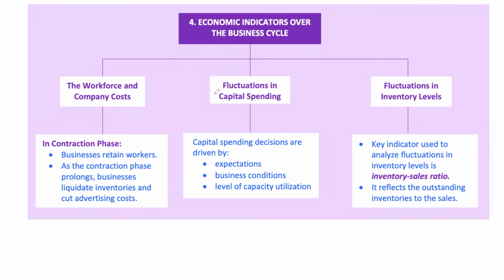Capital spending decisions, vital for any business, are influenced by expectations, business conditions, and capacity utilization. A critical indicator for assessing changes in inventory levels is the inventory sales ratio, which measures the stock of unsold goods against sales, providing insights into whether inventory levels are appropriately aligned with sales trends. Understanding these dynamics is crucial for anticipating economic shifts and making informed business decisions.